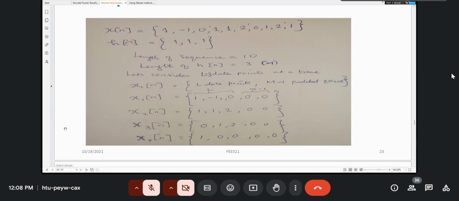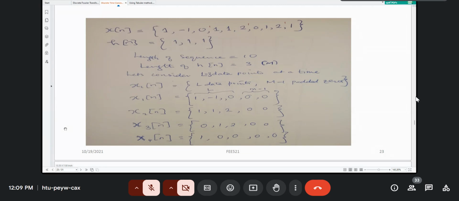Even a 6-point DFT will not help you much, because in the radix 2 FFT you move from 2 to 4 to 8. So I don't know how to put it, maybe powers of 2. If you're using radix 2, then it's good to use a length which is a power of 2, which means either 2, 4, 8, 16.